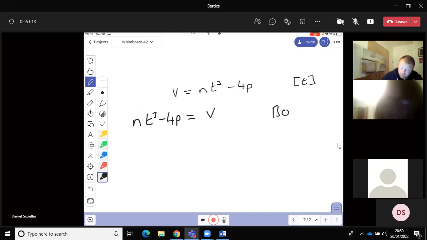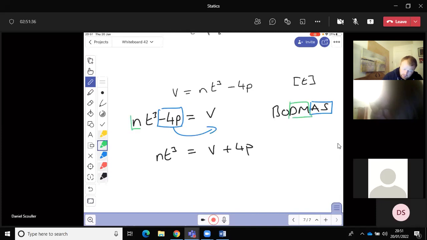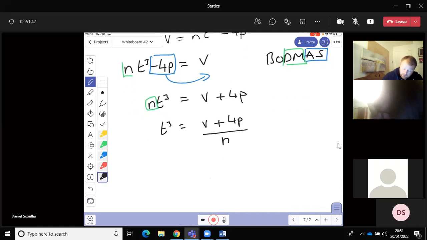We follow our BODMAS again. Add and subtract. There's a subtract, so we want to move that. Divide or multiply. Yep, there's a multiply, so we get rid of that, dividing that whole term. Brackets, order. Yep, there's an order, so we get rid of that.